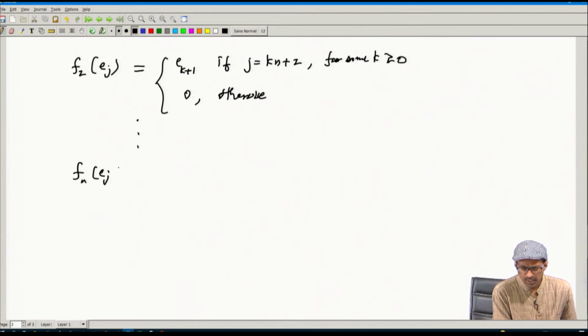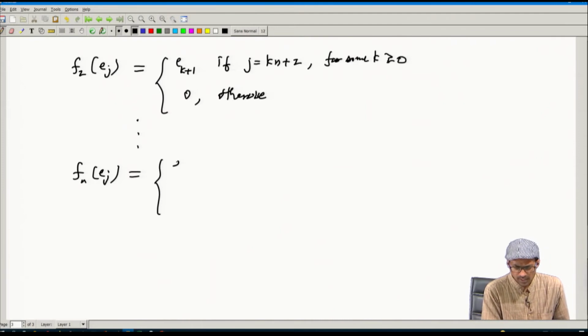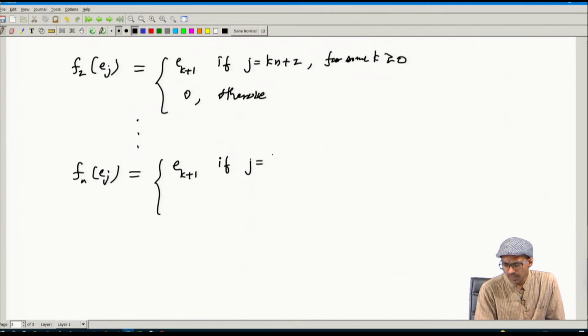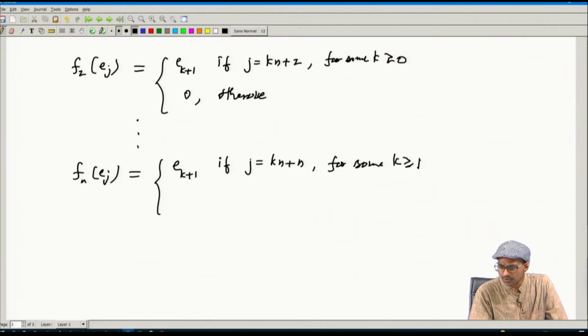Fn of Ej is E k plus 1 if j equals k n plus n for some k greater than or equal to 0, and 0 otherwise.